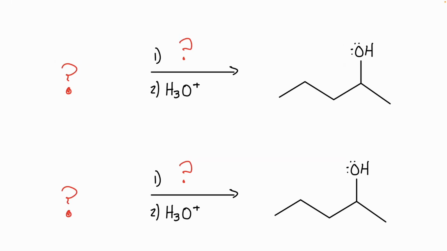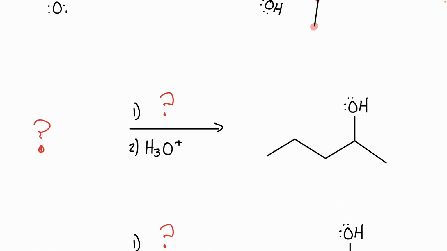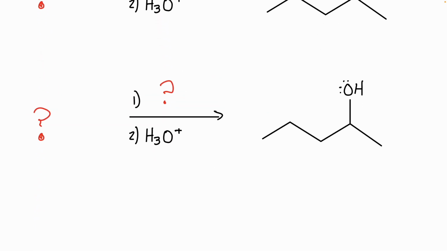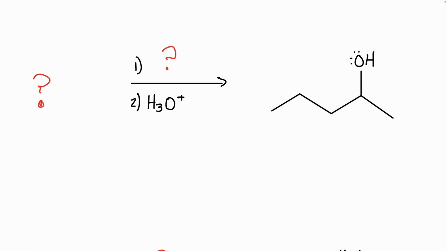All right, so let's look here. Like I said, there's two ways, but let's just work through one of them here. The one thing I know for sure when I look at this product is that if I'm going to be using a Grignard reaction, this carbon right here must be my carbonyl carbon.